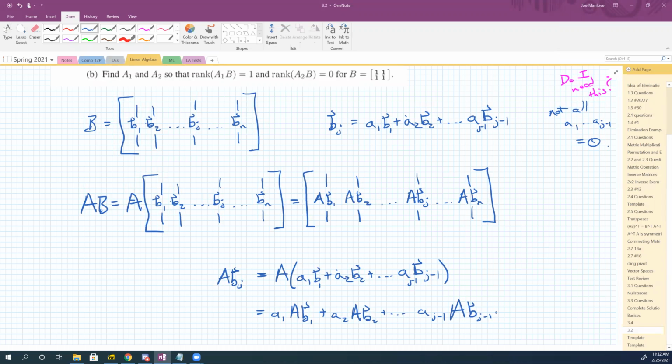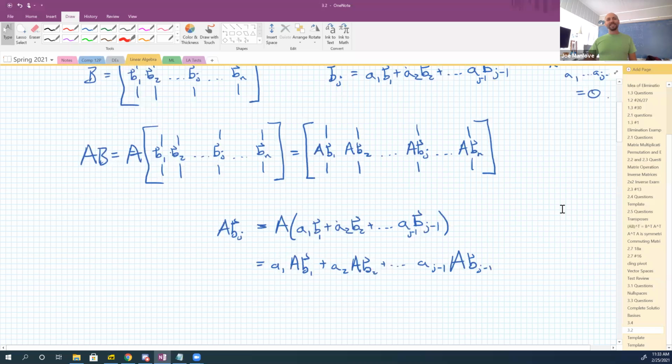You're done, right? You just showed that it's also a combination of previous columns. Oh, yeah, that's a good point, Grayson. I am done. Cool. Because these fellas here, this is AB column 1, this thing here is AB column 2, and this thing at the end is AB column j minus 1.